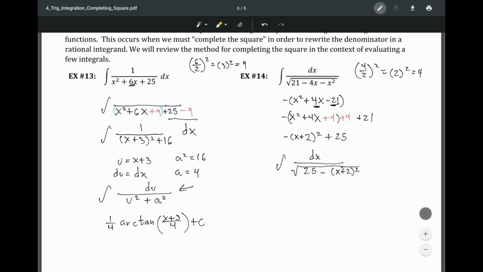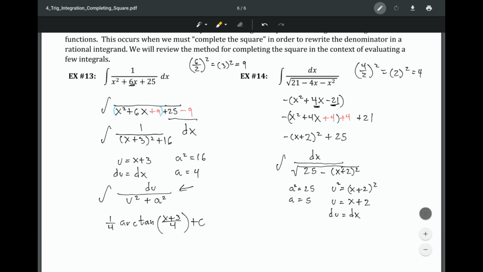And then what I'm going to do here is call a, which is a constant, or a squared, 25. So a is 5. And u, I'm going to just name that the inside. I mean, I guess I can say u squared if you want me to. And if I take the square root, I get just x plus 2. And if I take the derivative of this, I would have dx.